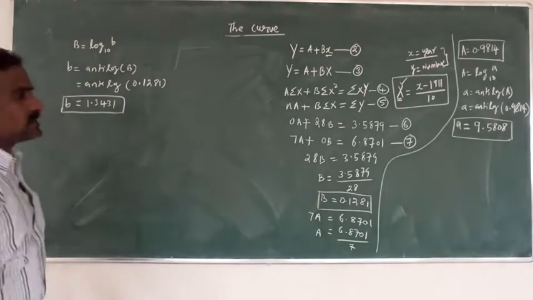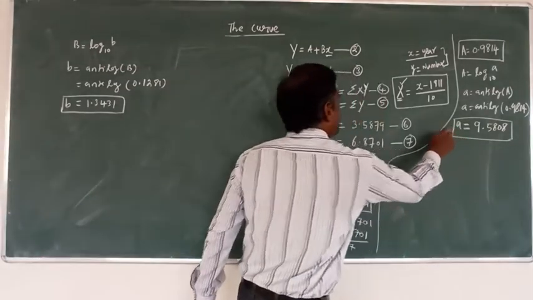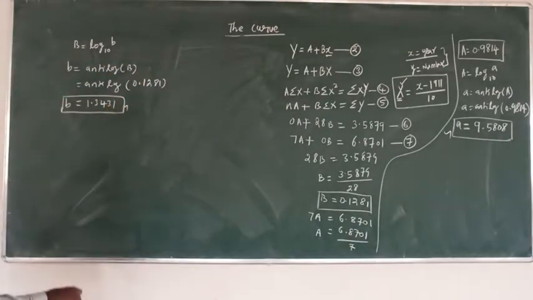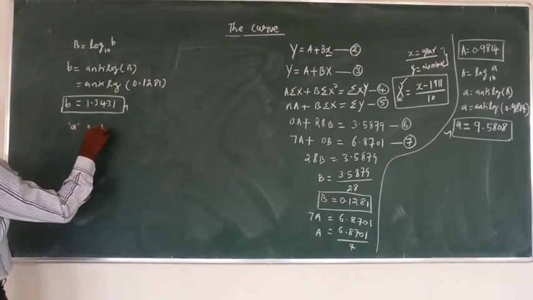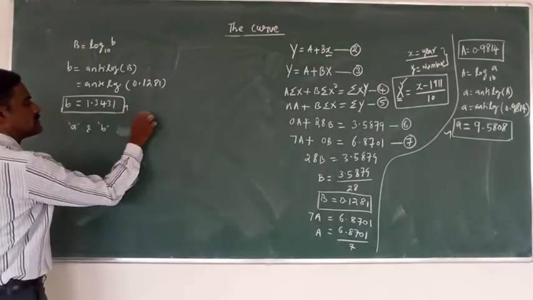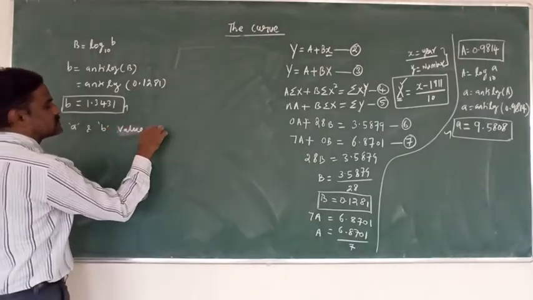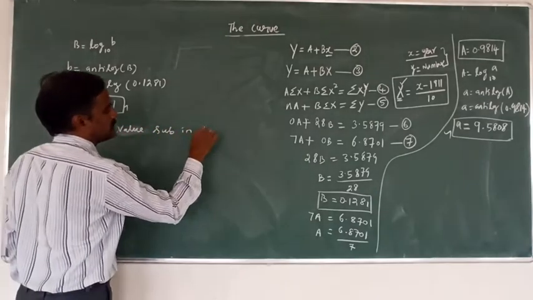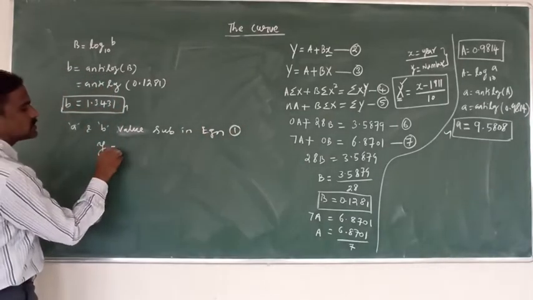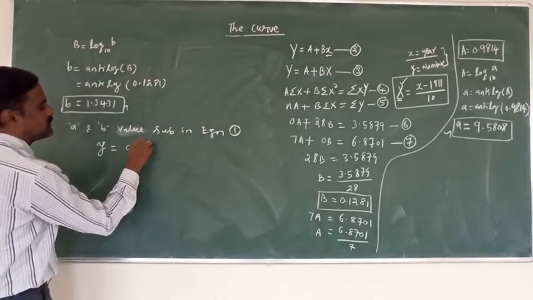Now the small letter a value and b value, substitute in equation 1. In equation 1, y equal to a b power x.